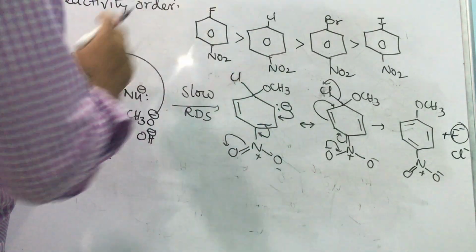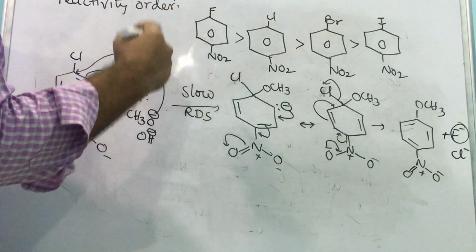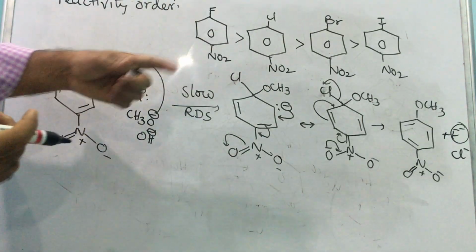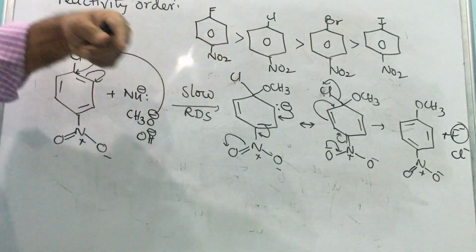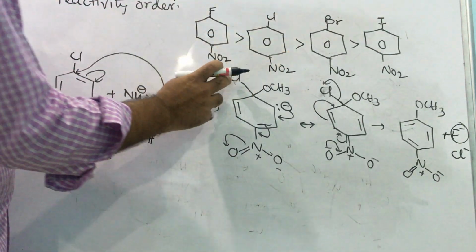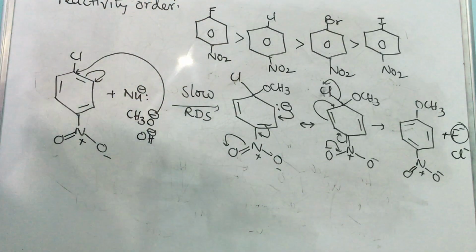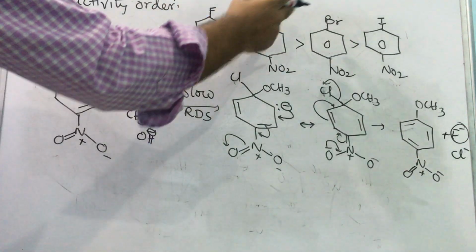Therefore, fluorine is more reactive towards nucleophilic substitution in the benzene ring. But for chlorine, bromine, iodine, what happens to reactivity? It decreases. If iodine is present here, this carbanion is a very destabilized form. That's why this is the reactivity order.